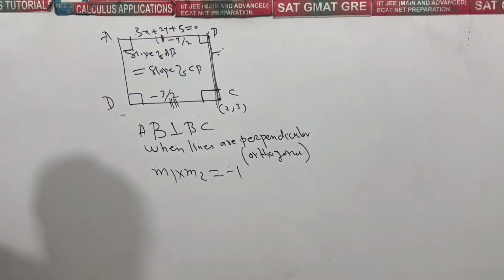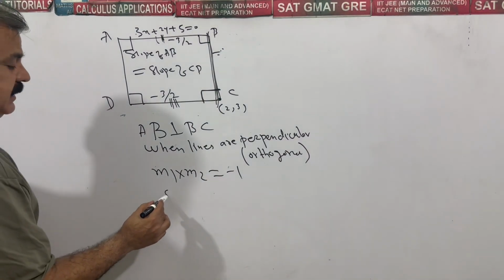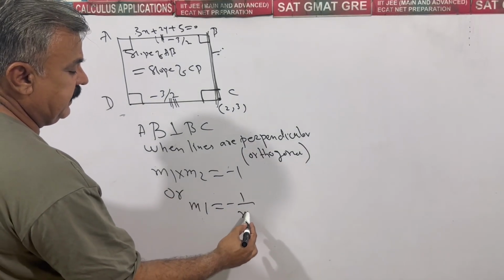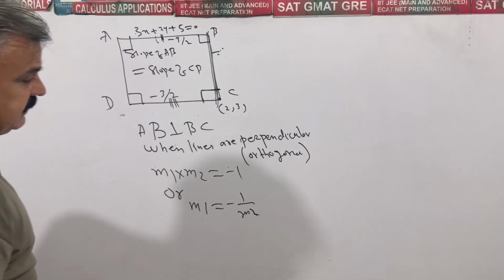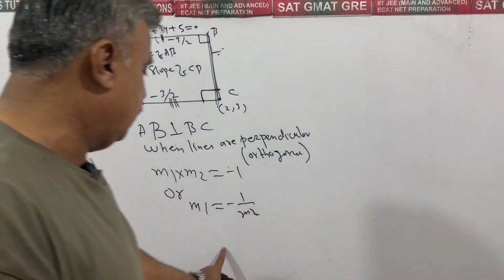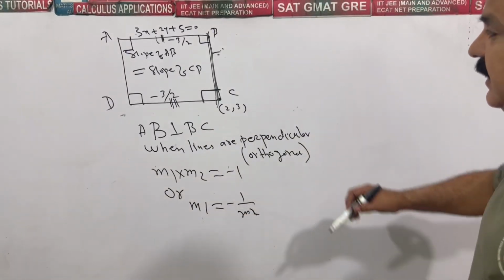Or some writers utilize the concept that the slope of one line is the negative reciprocal of the other. Okay, both work here.